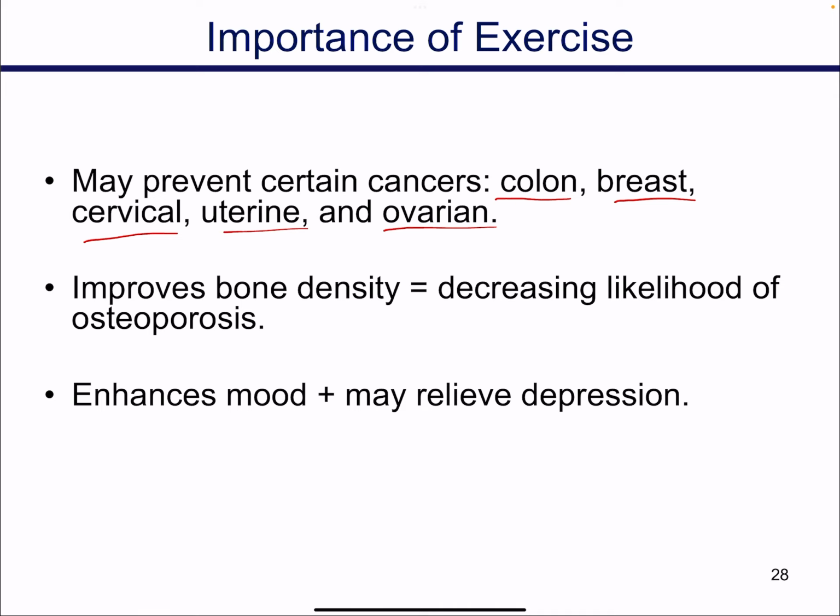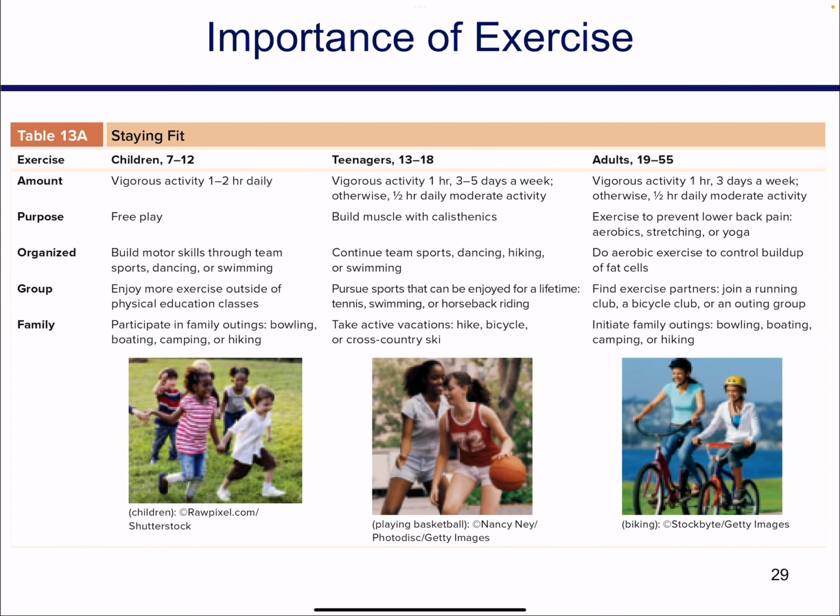With bone density, right? Decrease the likelihood to develop osteoporosis. And also, as we exercise, we're going to release dopamine, right? Which means that this is going to be good for your mood, okay? And avoid depression, right?